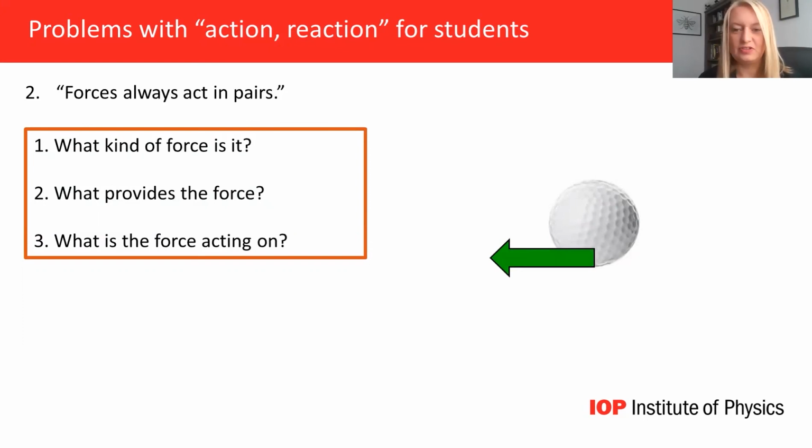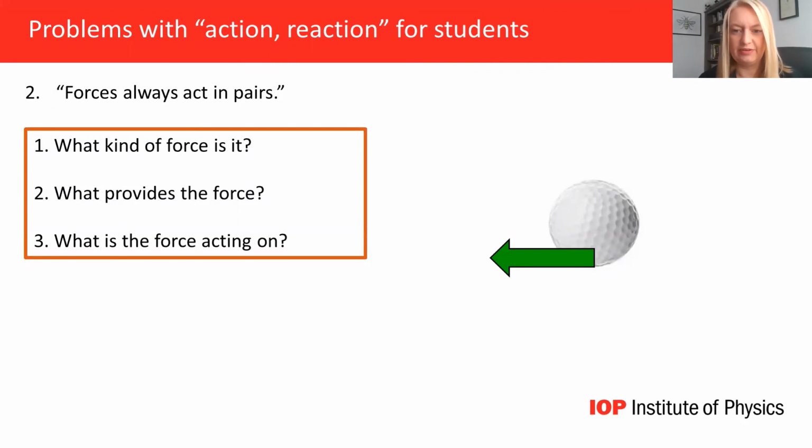Now, one of the other things you might have picked up on here is that in redrawing this diagram, I've moved that green arrow from acting at the center of the ball, and I've put it towards the bottom instead. And again, this is a conversation we want to have with our students, where we're talking about getting them to represent the forces where they're acting. So in this case, the biggest resistive force we're going to have is going to be friction along the floor.